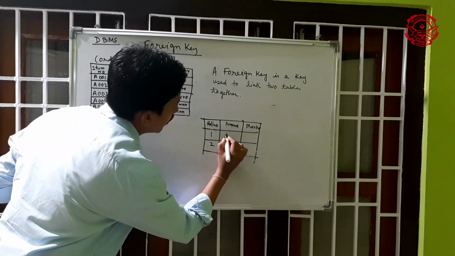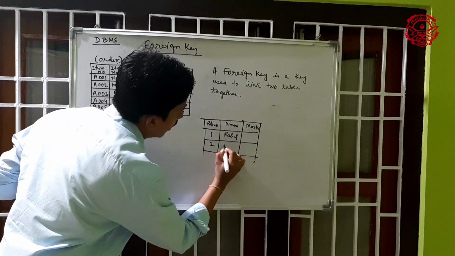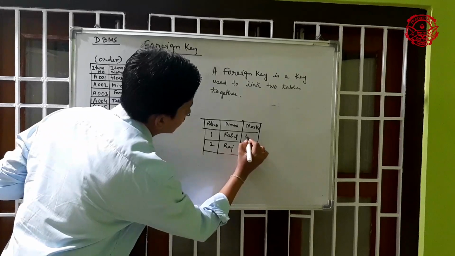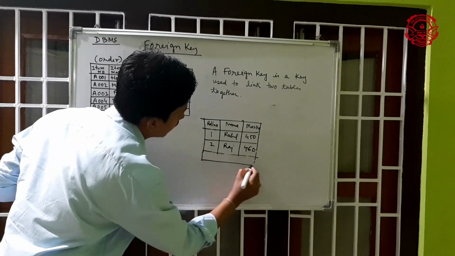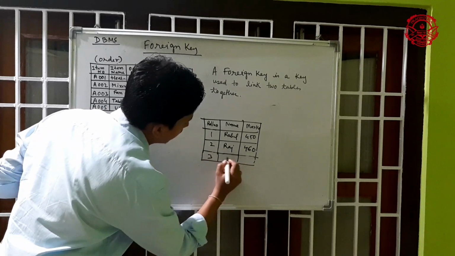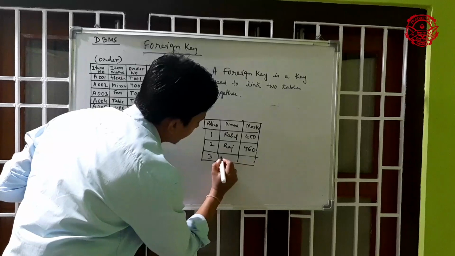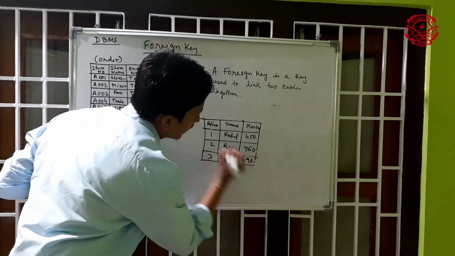Roll number 1, name Rahul, marks 450; roll number 2, name Raj, marks 460; and roll number 3, name Suresh, marks 490.